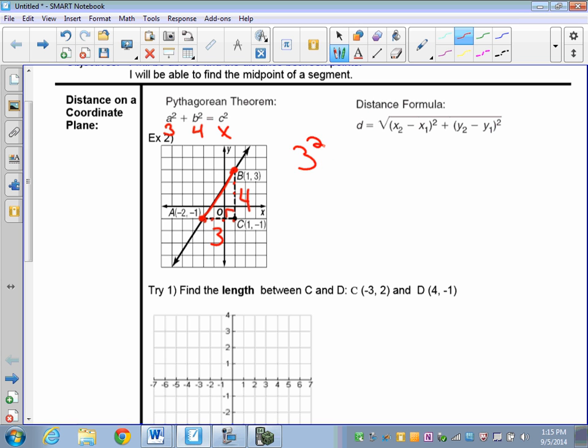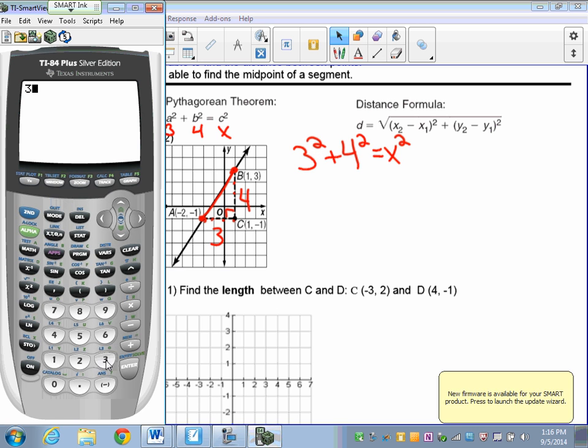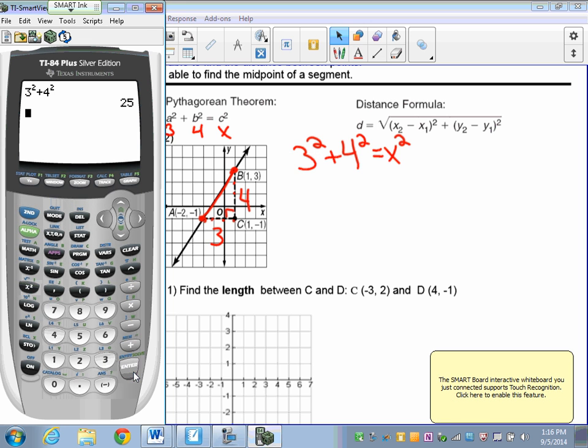So 3 squared plus 4 squared is equal to x squared. If I want to find out what 3 squared plus 4 squared is, I can just put that in the calculator. And it's 25.